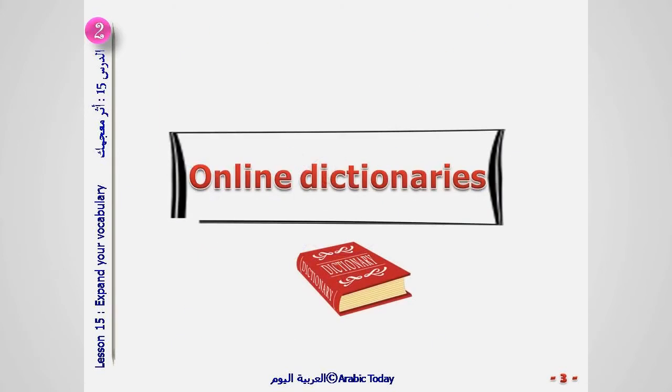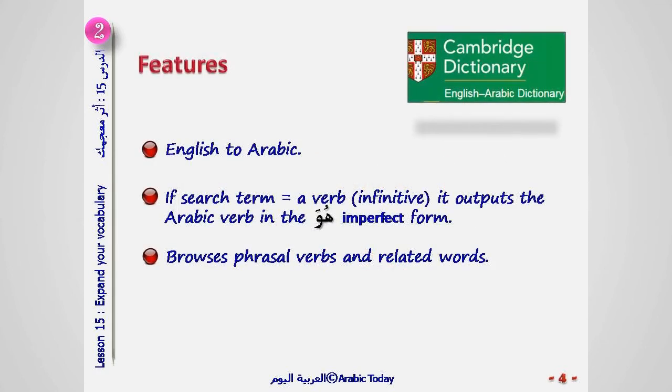To begin with, let's get acquainted with some helpful dictionaries and their main features. The Cambridge English to Arabic Dictionary includes vocabulary for beginning to intermediate learners. You can search for nouns, verbs, or common expressions.